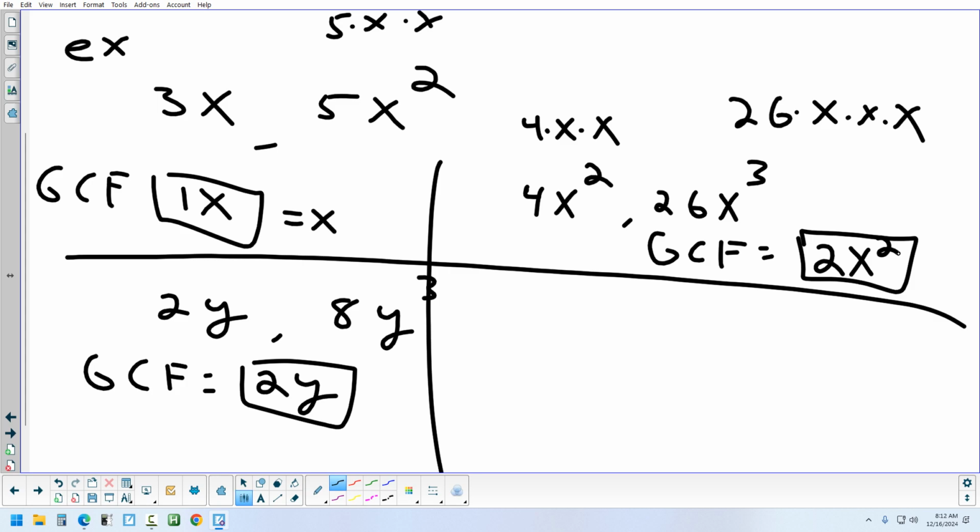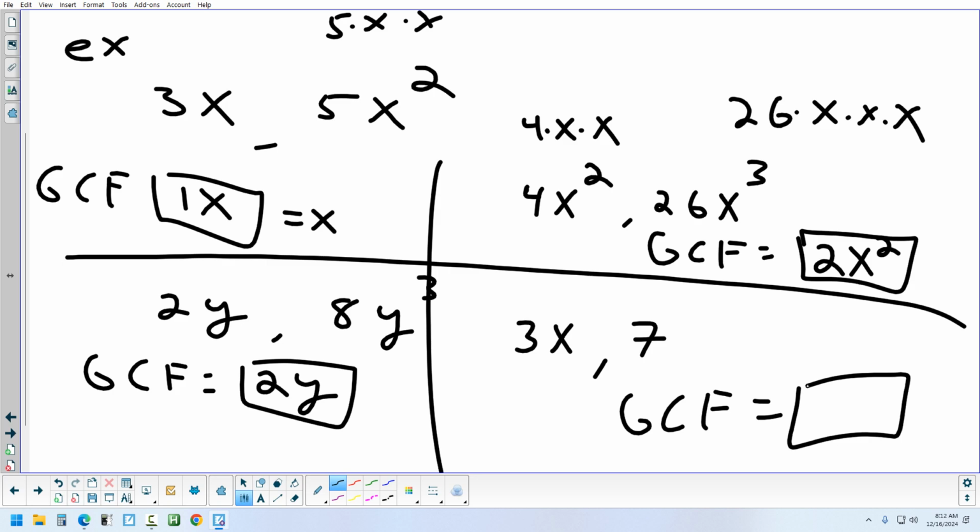All right. So any questions on finding the GCF, if I give you two numbers? How about this one? 3x and 7. Anybody think they know the GCF there?